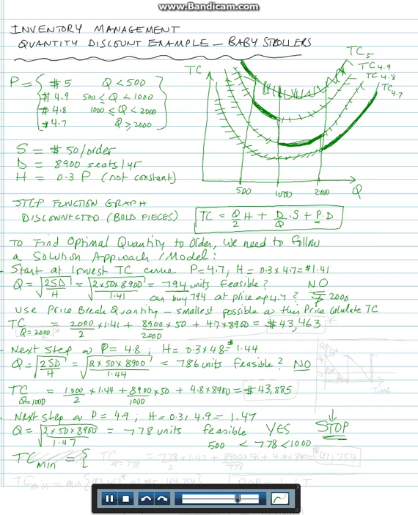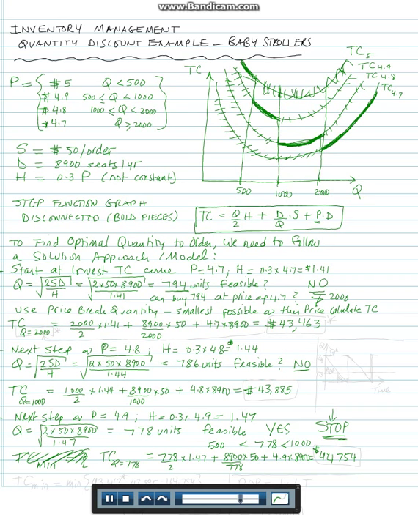So TC at this feasible quantity, Q equals 778, since it turned out to be feasible, is equal to 778 over 2 times 1.47, plus 8,900 over 778 times 50, plus 4.9 times 8,900, and we get 44,754.